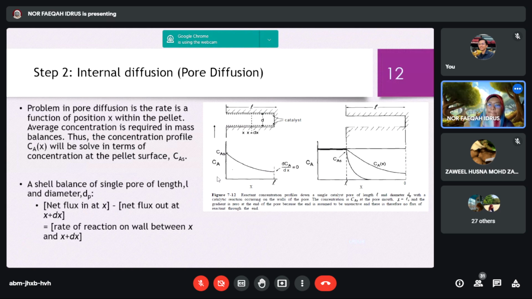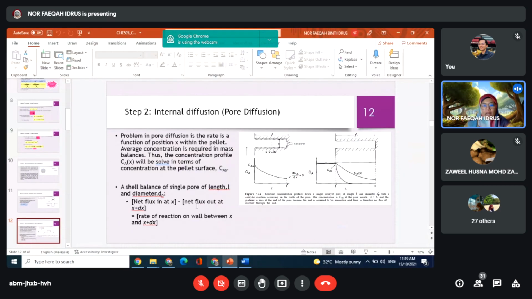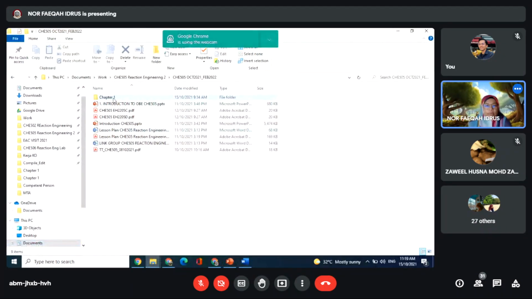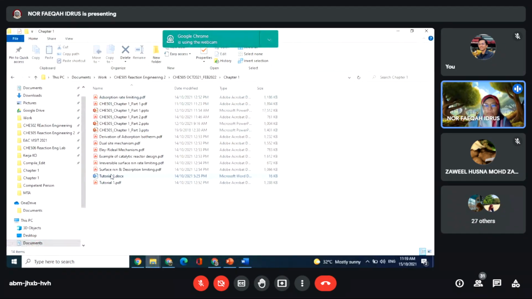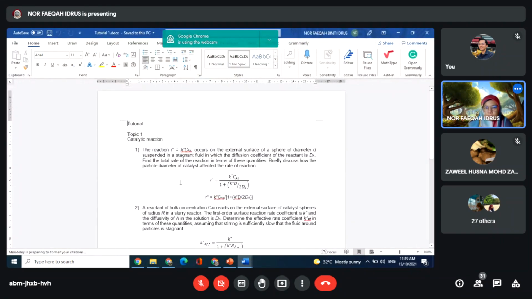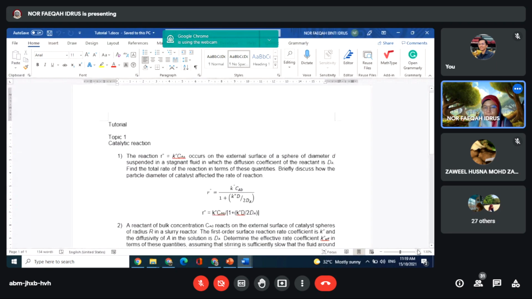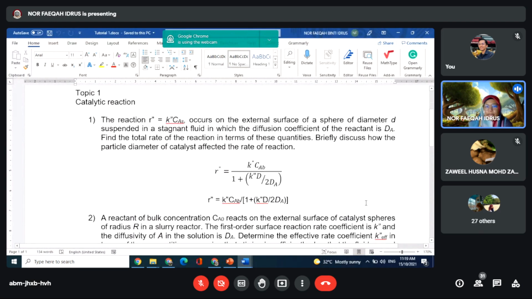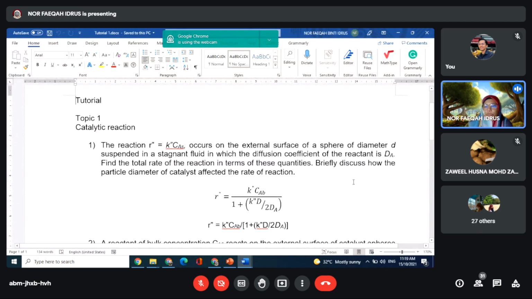Okay, before we end the class, we look at the question. So question ni pun ada saya bagi dalam supporting material. Okay, so yang ni on how to derive the rate law equation.